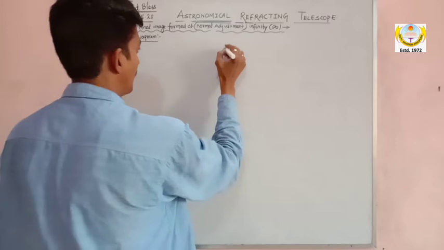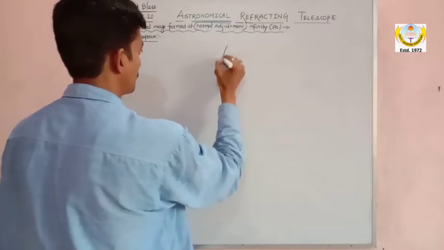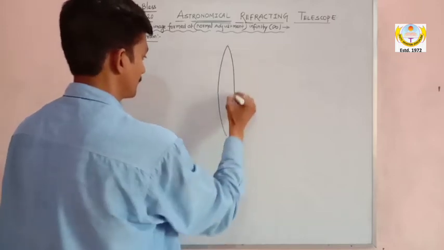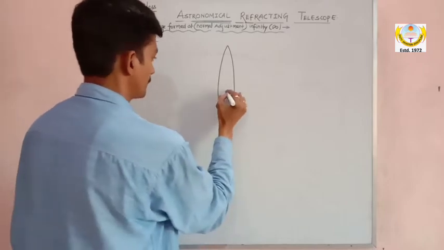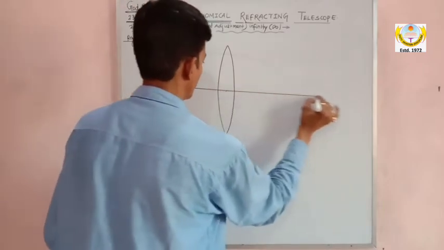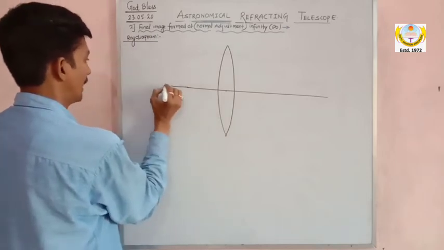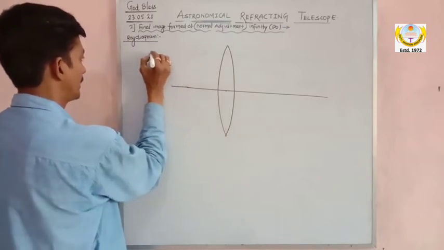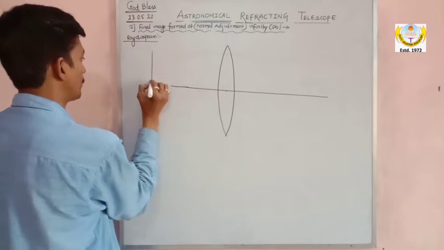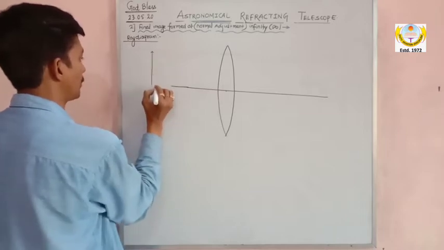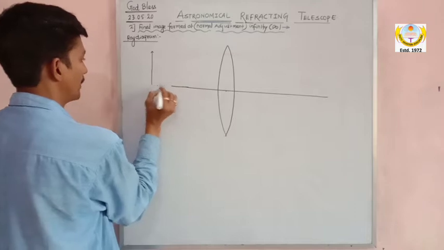So here again I have drawn the objective lens. At this distance I will keep the object. As I told you, the object is no need to show, but you can show also. You can put a distance here.